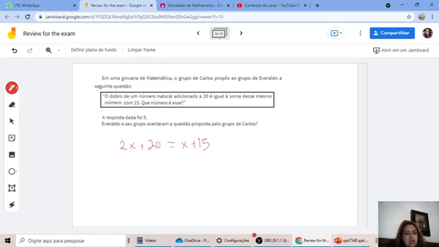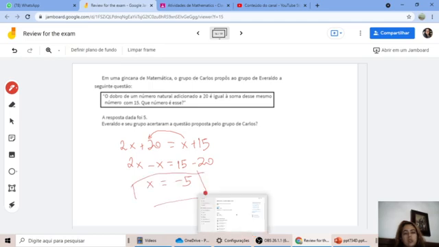The question, let's see. 2x minus x equals 15 minus 20. 2x minus 1x is x. 15 minus 20 is minus 5. So the answer is minus 5. It's not 5. So no, they didn't. They were wrong. The right answer was minus 5, okay?